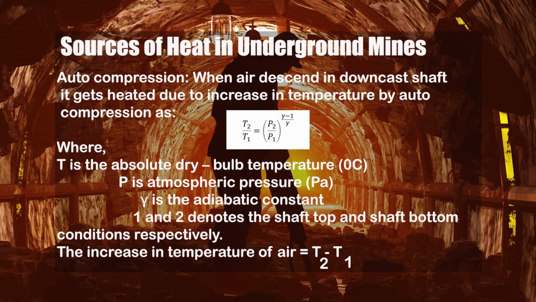T is the absolute dry bulb temperature, P is the barometric pressure, gamma is the adiabatic constant, and 1 and 2 denote the shaft top and shaft bottom conditions respectively. The increase in temperature of air is T2 minus T1.